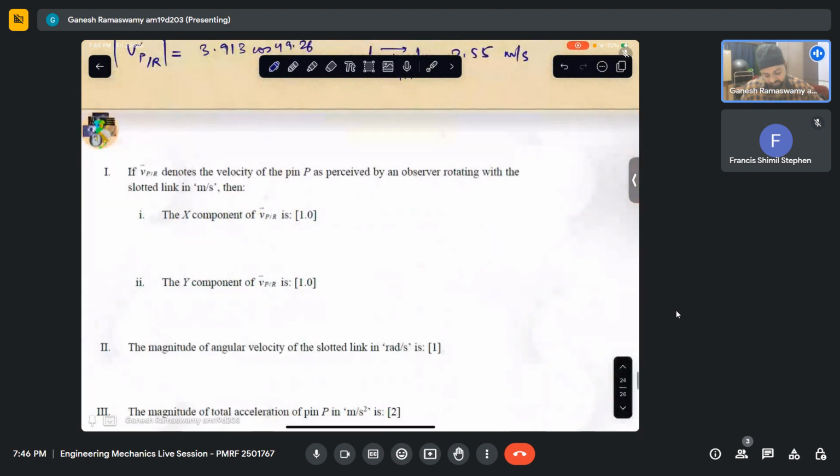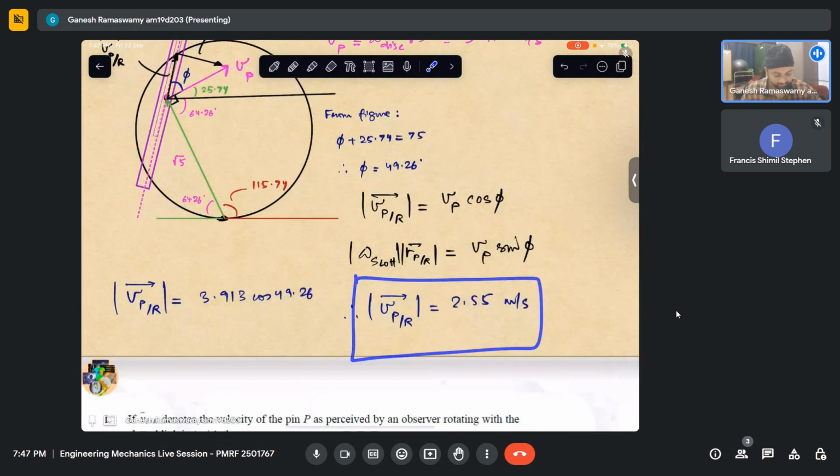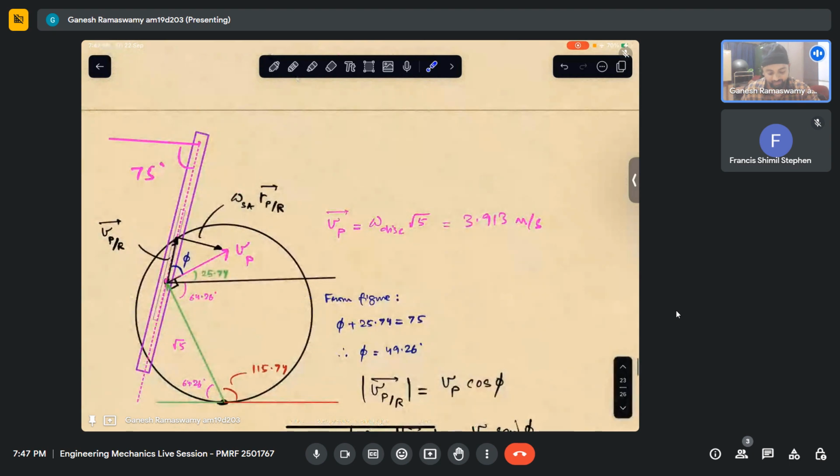Now, what have we been asked? If Vpr denotes the velocity of pin P perceived by an observer rotating with a slotted disk, we have been asked in component form. Wherever we were asked in magnitude form, we did it using vector algebra. We got the components and then we took the magnitude. But here it is asked in component form. Since we have done it straight to get the magnitude, let us make it into a vector.